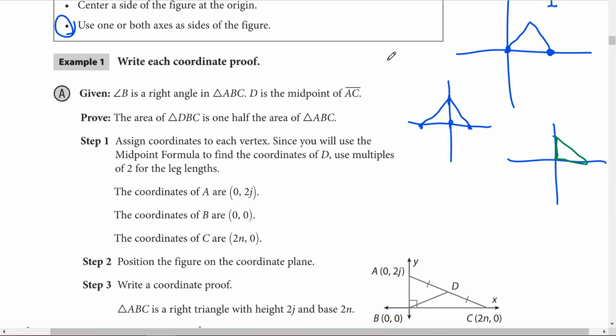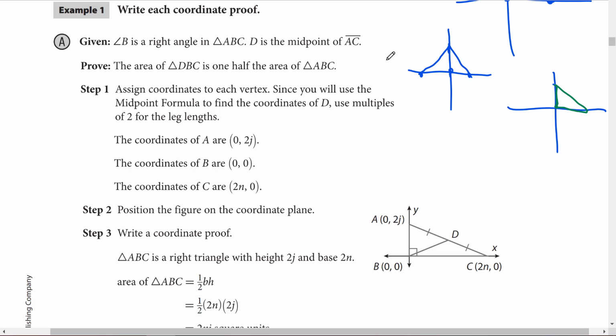So let's take a look at this first example that they've done for us. We have the coordinates. They told us angle B is a right angle and D is the midpoint of AC. So because that was a right angle, they put angle B for this triangle on the origin. That meant that A could go straight up, BC could go completely horizontal.